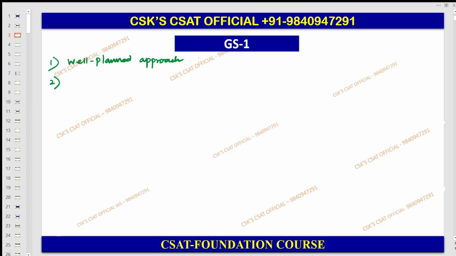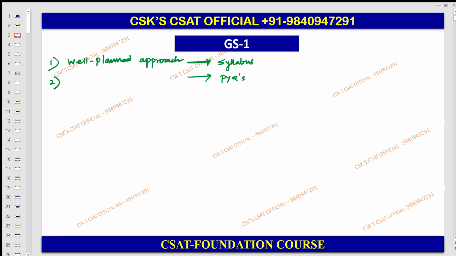A well planned approach includes going through the syllabus. That is very important. Go through the syllabus and go through the PYQs. This is the first thing you need to do.